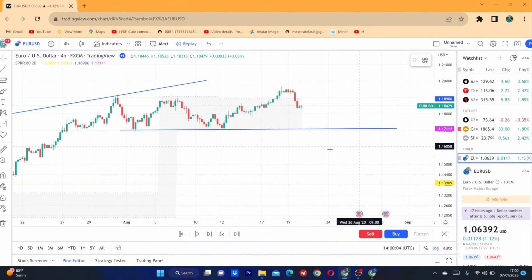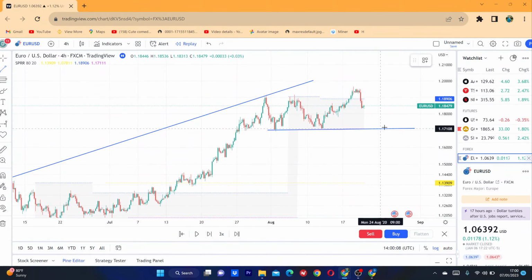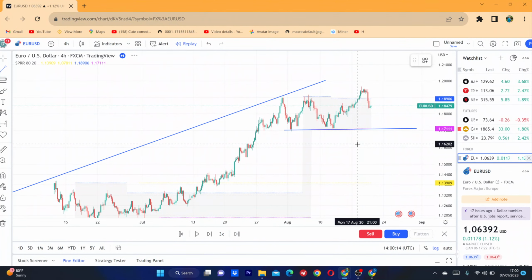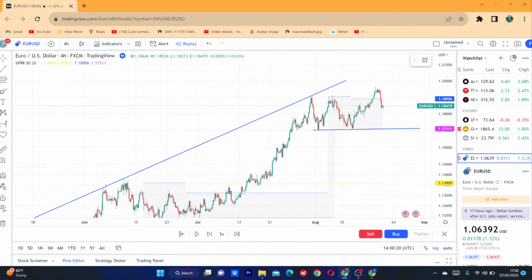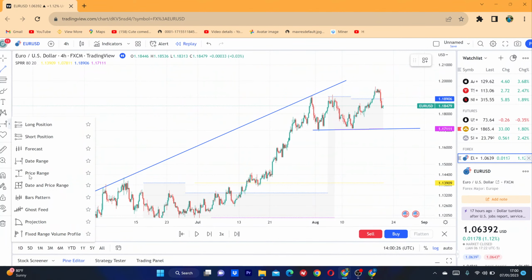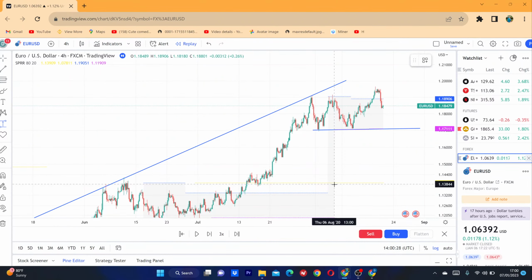Now over here for me, what I will do, I'll wait for the market to see whether it's going to come over here and down, or whether it's going to go up over here, because actually we can see the market is on an uptrend. You can see this has been the accumulation area, so I'll be drawing something like this to see the region. After bullish, we said, there's something we call a distribution area.